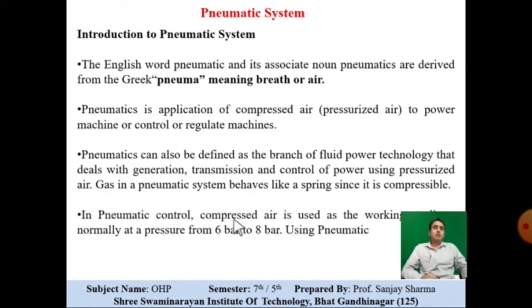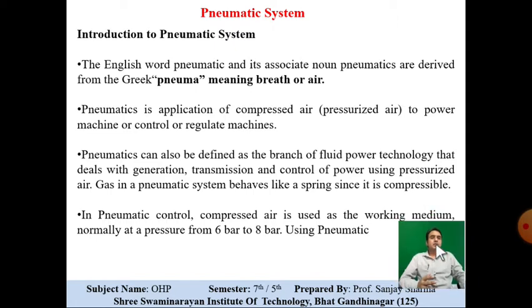In pneumatic control, compressed air is used as a working medium, normally at a pressure from 6 bar to 8 bar. Normally the gas cylinder or LPG cylinder at our home is in the range of pressure around 8 bar or 8.5 bar.